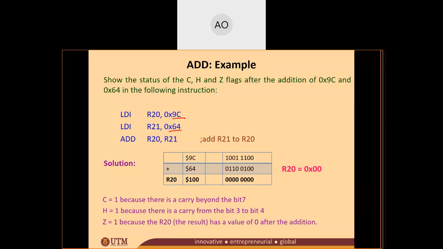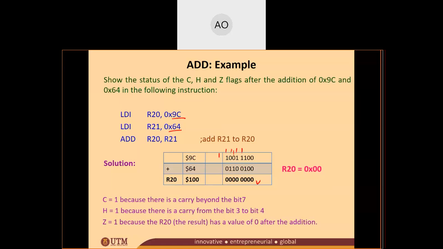Then you add these numbers: 0 plus 0 is 0, 1 plus 1 you get 0 and you have a carry, 1 plus 1 is 0 with a carry, and again 1 plus 1 is 0 with a carry, and so on, until the last 1 plus 1 you get 10.